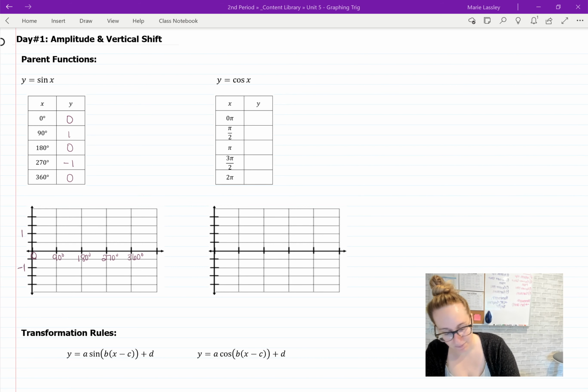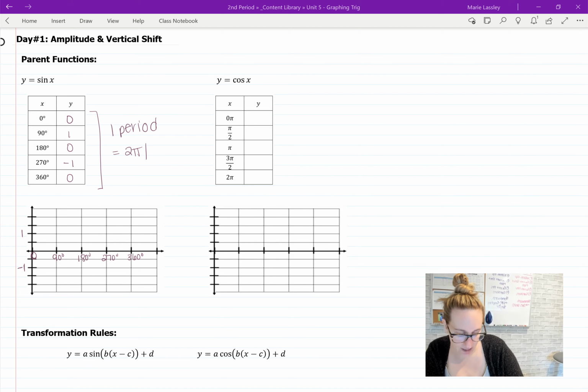So that's something that's important to remember. This right here is what we call one period, which equals either 2 pi or, oh, 360, my bad, 360 degrees.